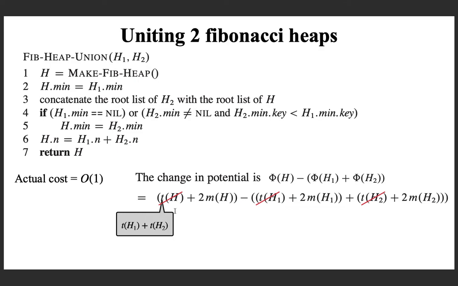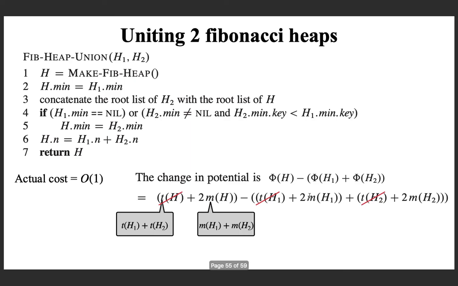Now, you can see that T of H is nothing but T of H1 plus T of H2. So, you are cancelling T of H with minus T of H1 and minus T of H2. You can easily verify that this is correct, and note that this minus is there and this is in the bracket, and therefore this plus is becoming a minus.